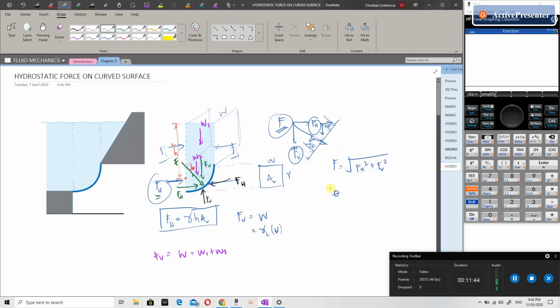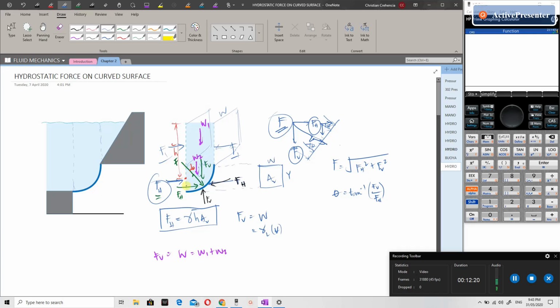Opposite is FV, adjacent is FH. So tangent, since opposite and adjacent are our angle's sides. So theta is arctangent of FV over FH.